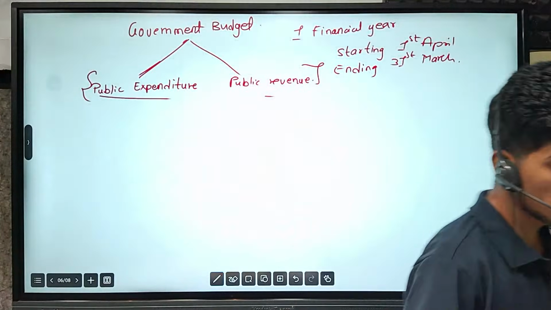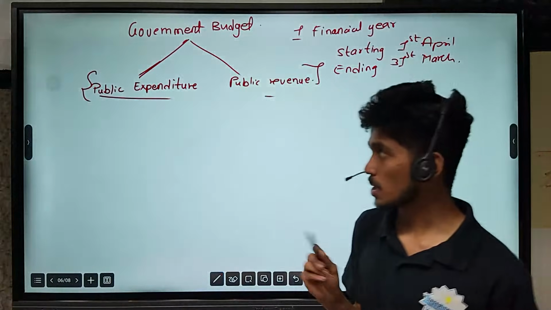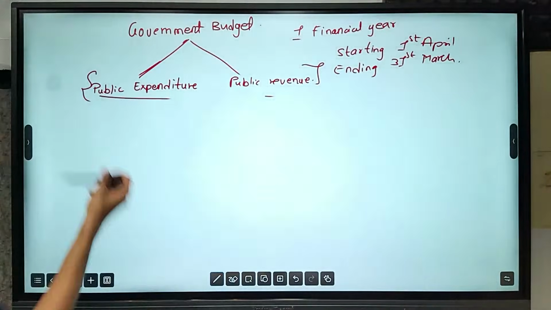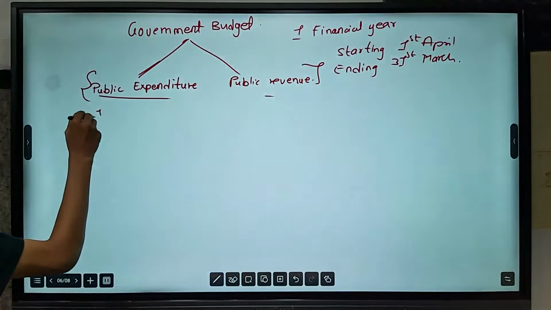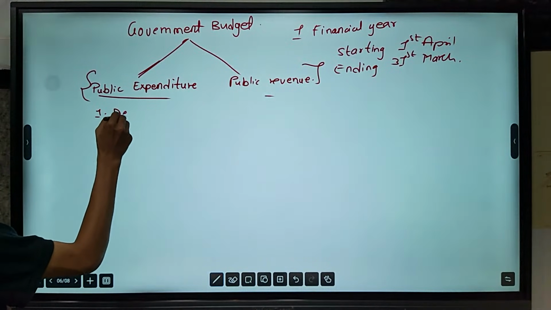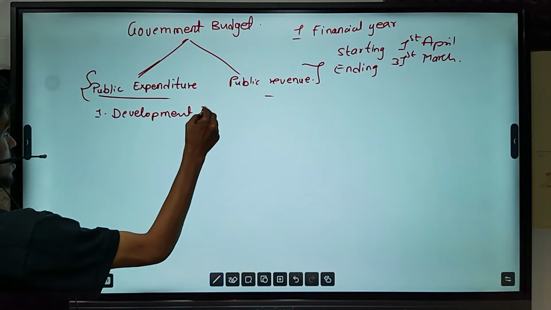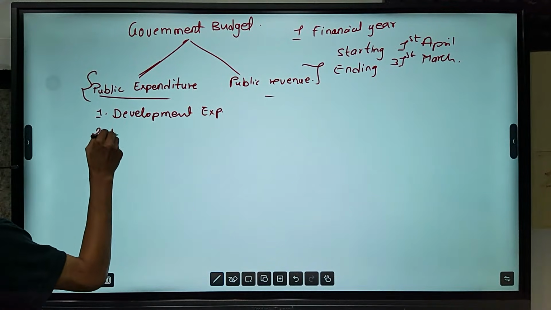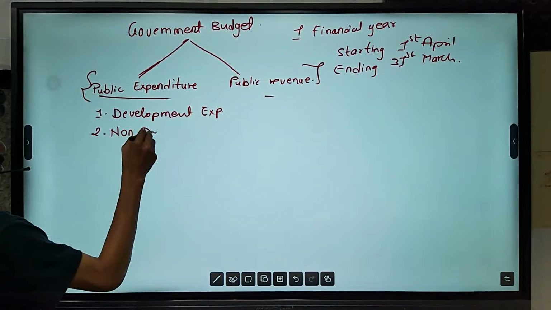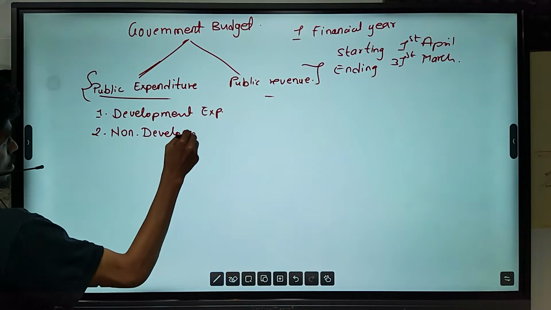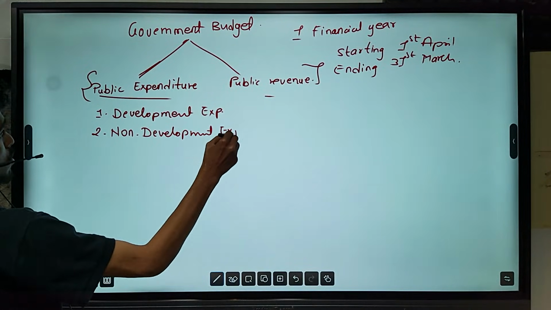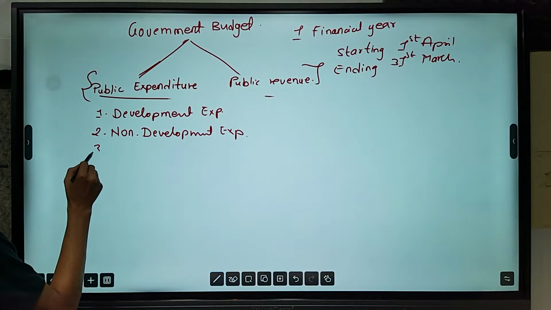Public expenditure means all the expenditure that the government incurs, and these public expenditures are further classified as development expenditure and non-development expenditure. You have to remember all this.